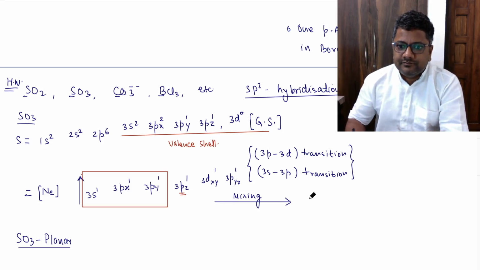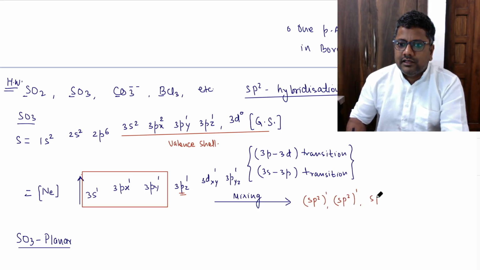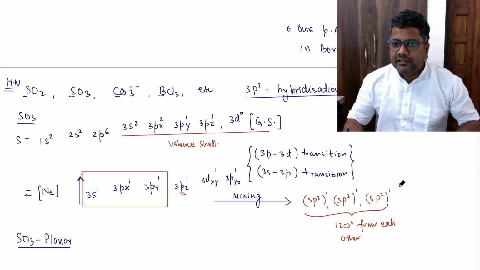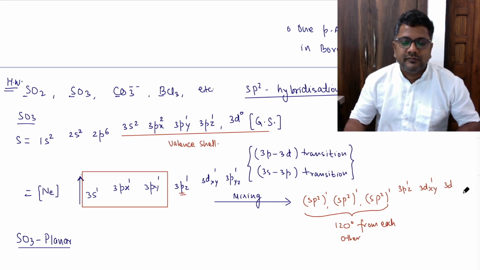So here you will get three sp2 orbitals, 120 degrees from each other, and this 3pz1, 3dxy1 and 3dyz1.